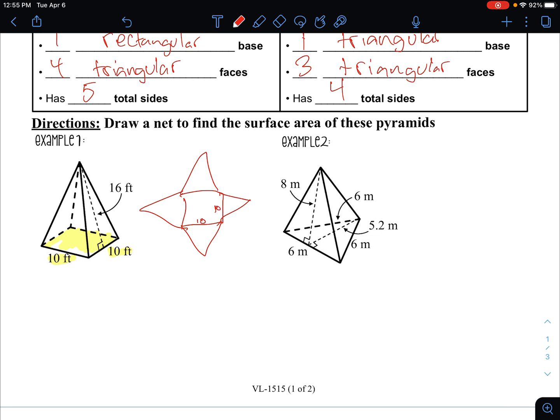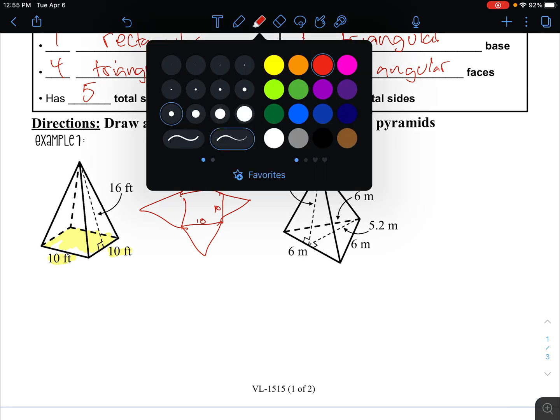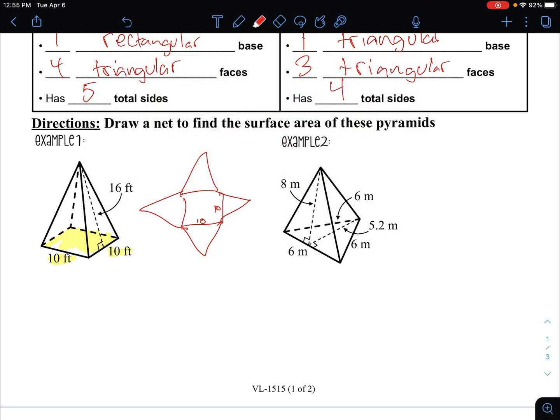And then this triangle, what we need to know about it is it does have a height, because you see that little T right there? It makes a T. The base of this triangle is 10, and the height of this triangle is 16. So we're going to want to write that down. I'm going to say that the height of this triangle, and basically all the triangles, is 16.